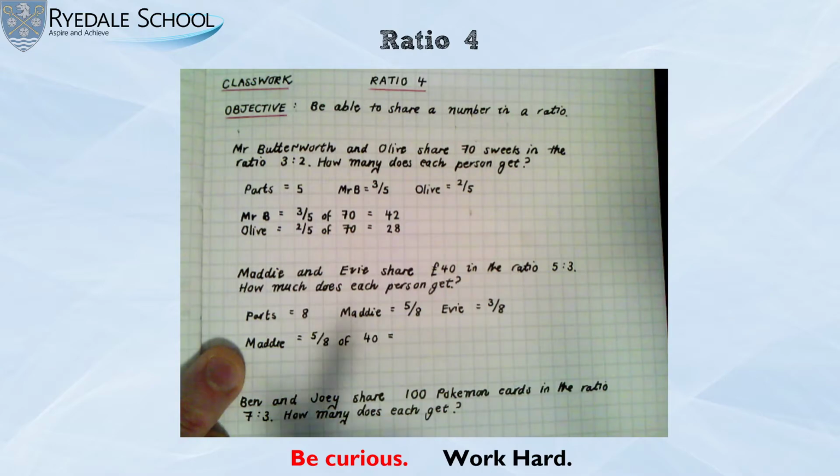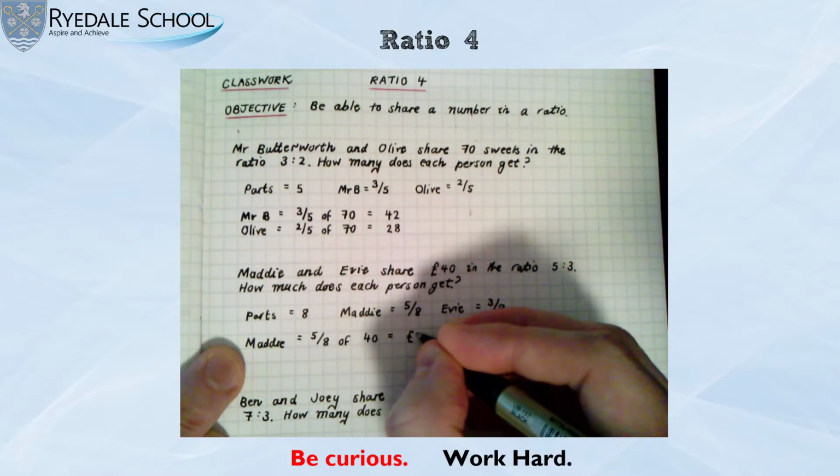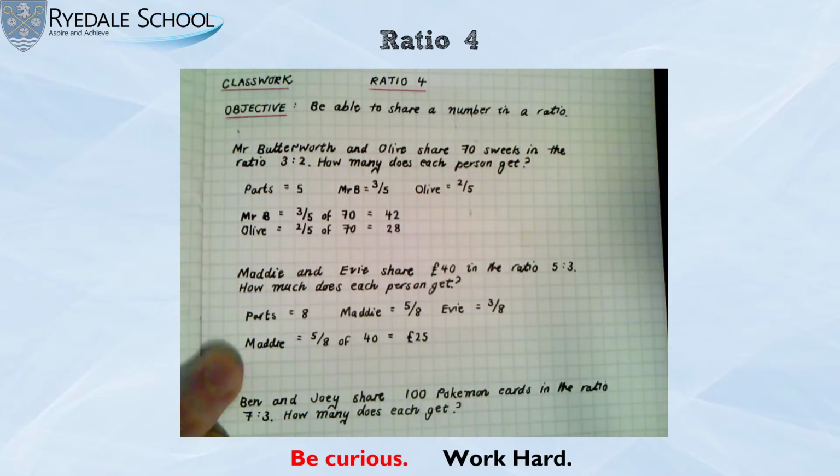To work out 5/8, we're going to divide 40 by 8 to work out one part, or 1/8, and then times by 5. So 40 divided by 8 is 5, times 5 is £25 for Maddie.